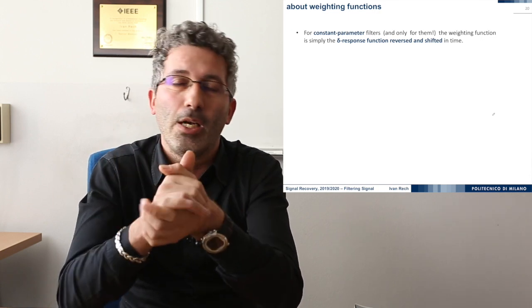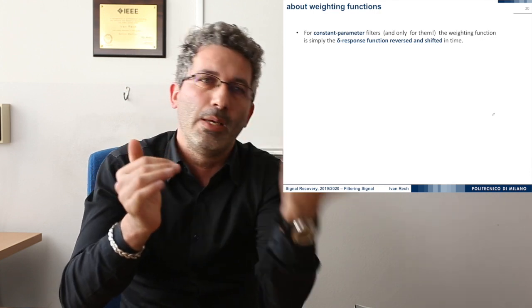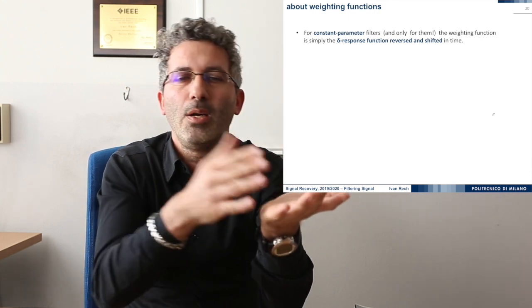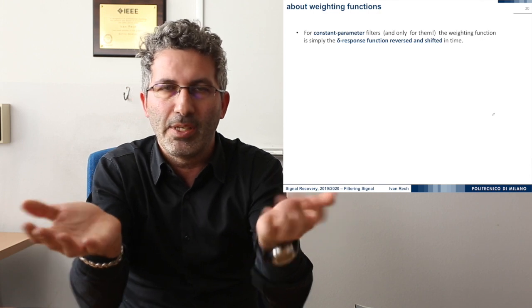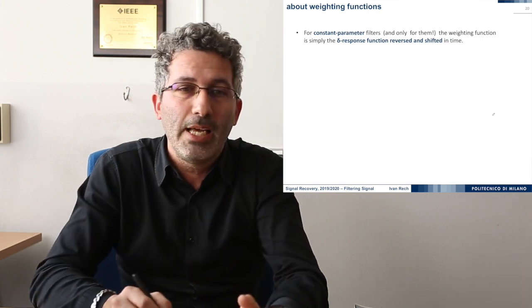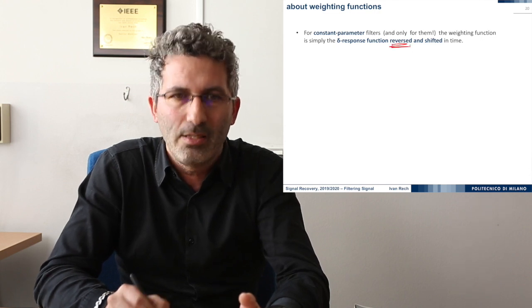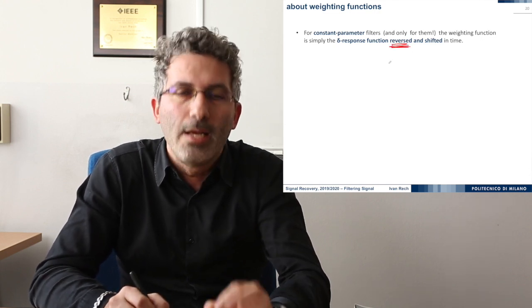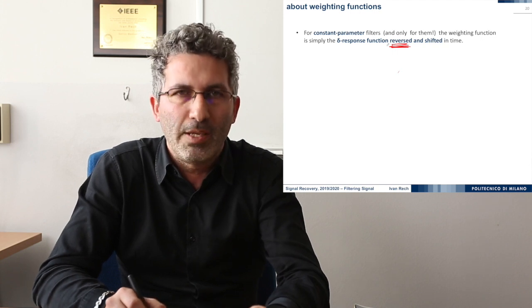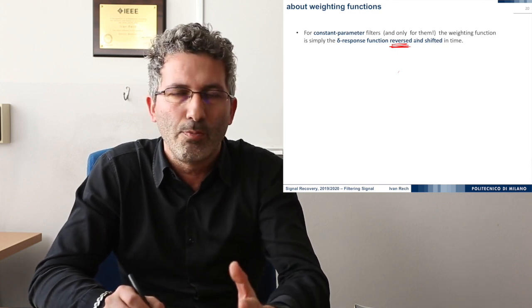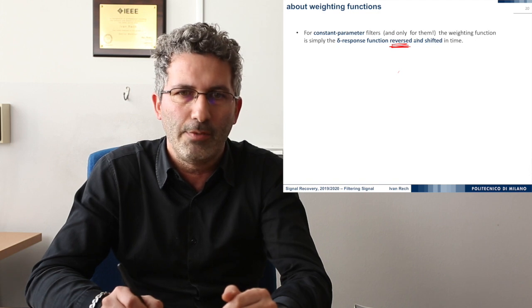During the exam, many times you confuse the optimum filter with the constant parameter filter. Why? Because you forgot that in the constant parameter filter, you have to reverse the delta response. So again, please remember, you have to reverse. At this moment it seems not so important, but it will be important in the future.